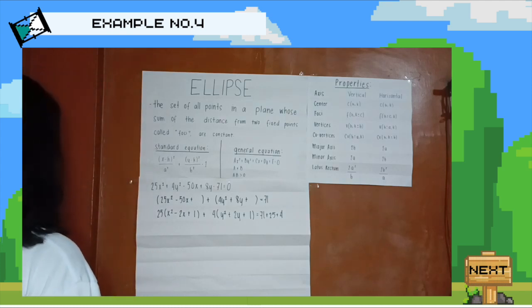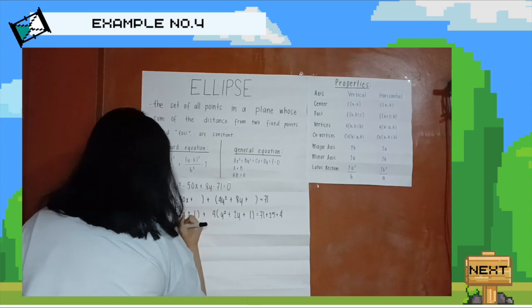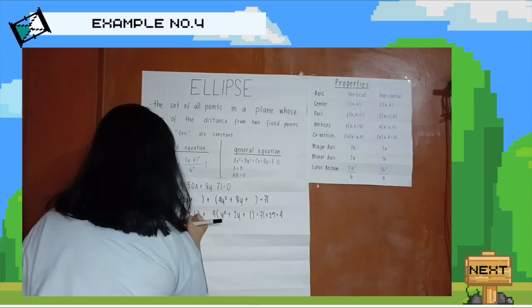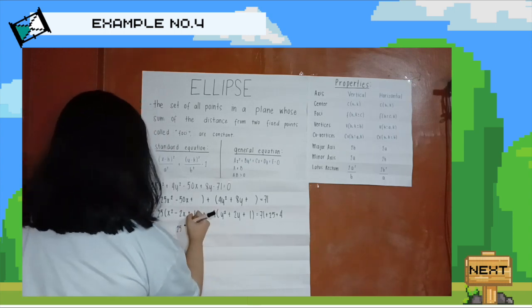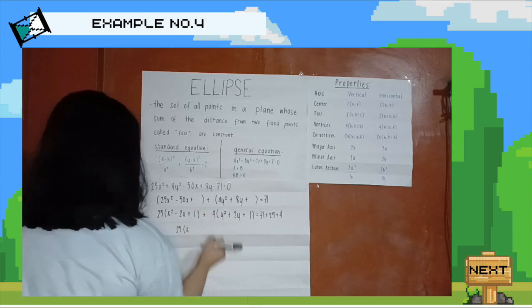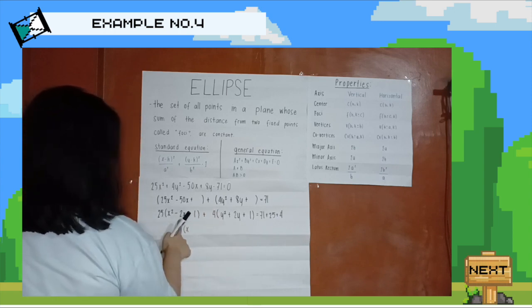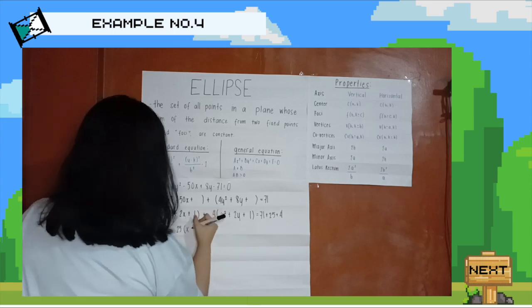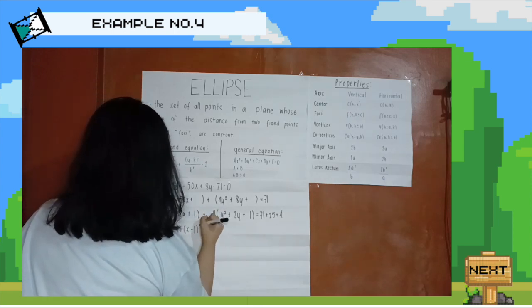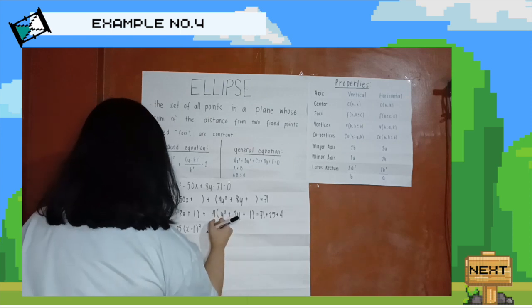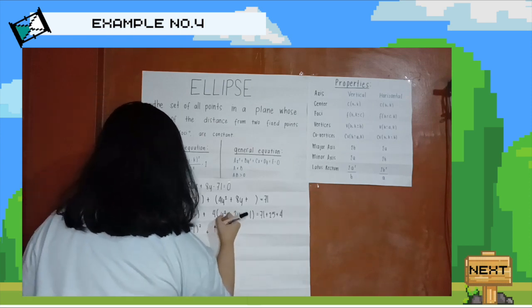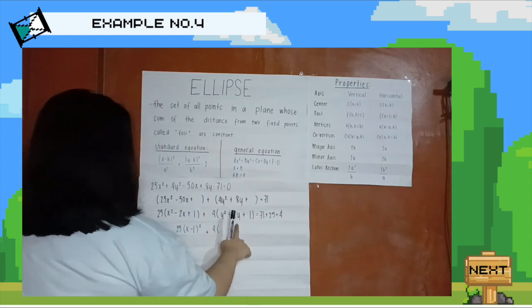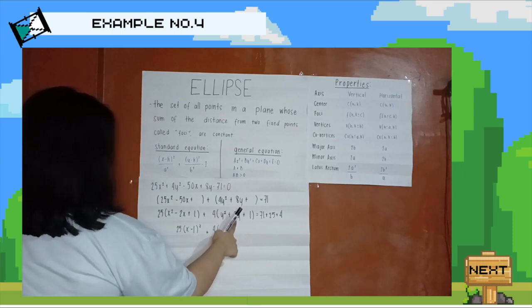And after that, we need to factor this out. So 25, negative 2 divided by 2 is negative 1. So x minus 1 plus 4, 2 divided by 2 is 1.